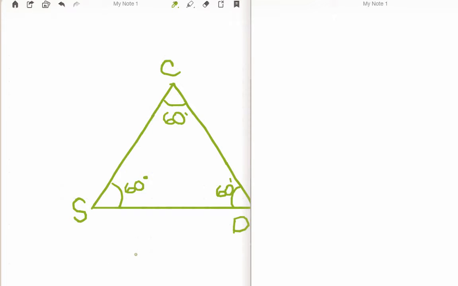Now, let's think about what we're going to tell someone. We're only going to use notations, and remember, we don't want to tell everything about this triangle. This triangle has sides of 7 centimeters, so all the sides are the same at 7 centimeters. Now, we don't want to tell them that, but we just want to give them enough information.